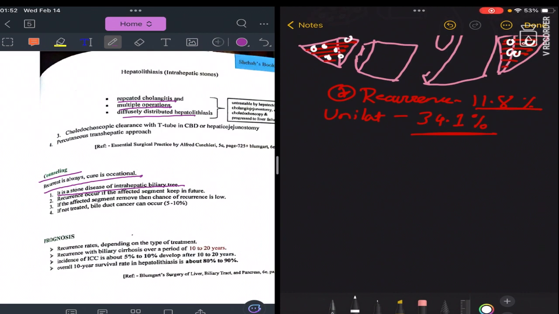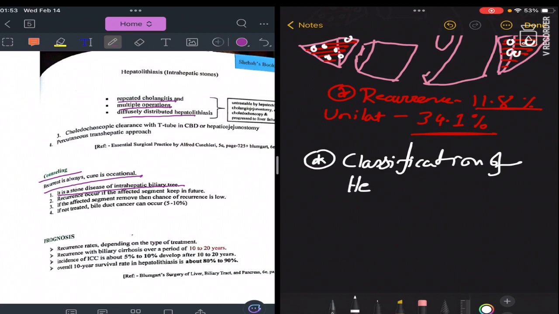So that's all for today's. What we have learned: the classification of hepatolithiasis.